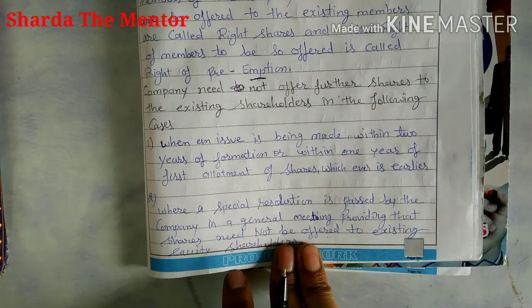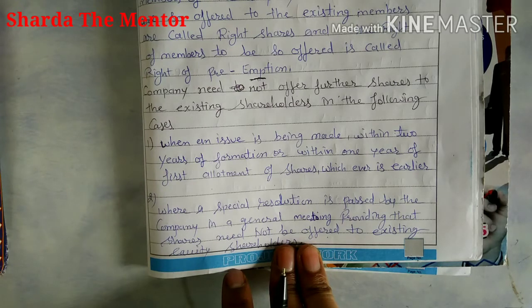And the last condition is that if the company passes an ordinary resolution and gets approval from the central government that they won't offer shares to the existing shareholders, it means the government agrees that the company won't issue shares to the existing shareholders.